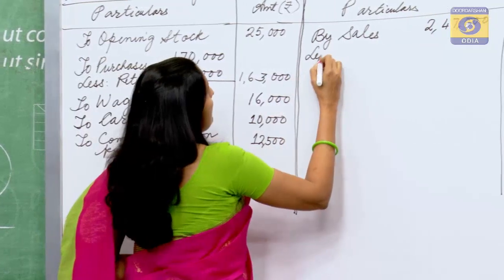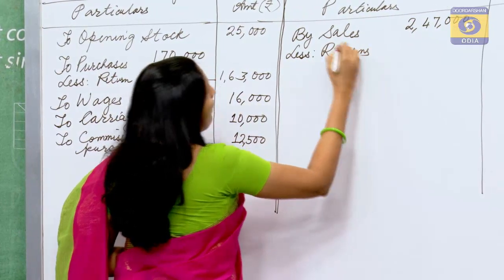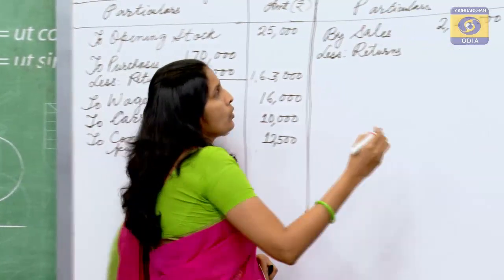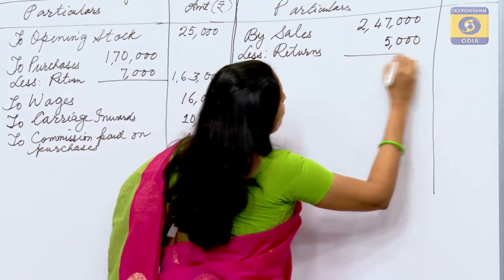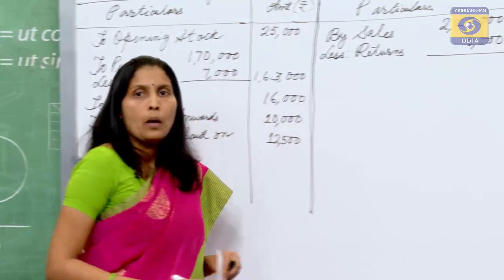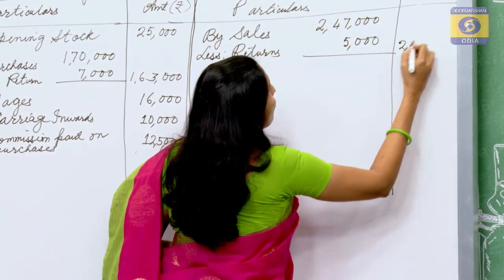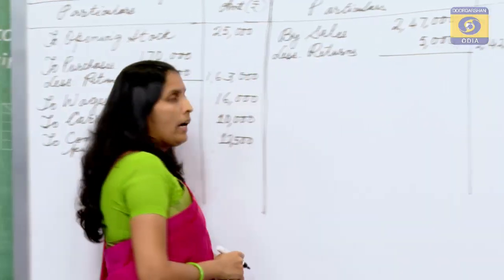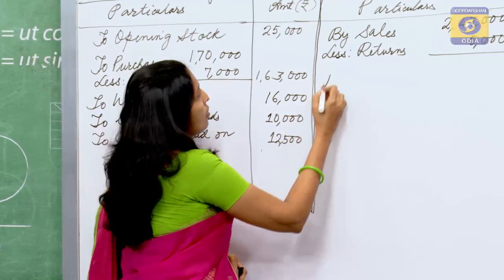Now, we have sales returns, that is, return inwards. So, less returns. We can write returns inwards, or sales returns. The amount given to us is 5,000. So, 2,47,000 minus 5,000 gives us 2,42,000. Now, the next item we will be having is closing stock.